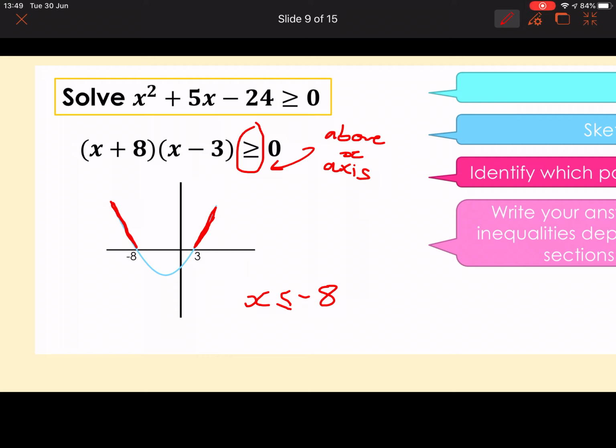Look back at the question and we had that 'or equal to'. So that's what gives it there. That's because in the question it said it could be greater than or equal to 0. So greater than or equal to the x-axis. Okay, so that's my left-hand bit. And I'm going to write 'or', because we've got our 2 parts. For the right-hand bit, it's also above 0 when x is greater than or equal to 3. Okay, so that would be my final answer.